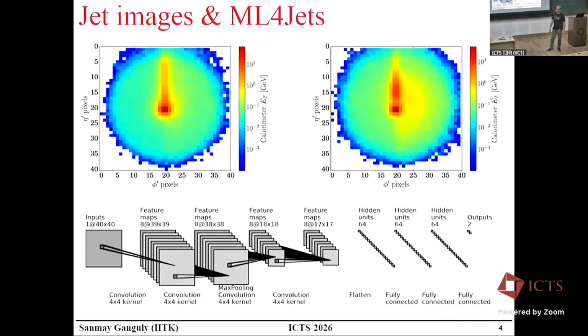One can train such a neural network, and if you show it an image, it will be able to tell you this average image is coming from a W jet, this is a top jet, this is QCD. So this was the birth of jet images, which became very popular.